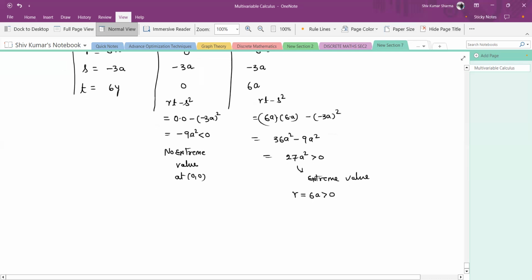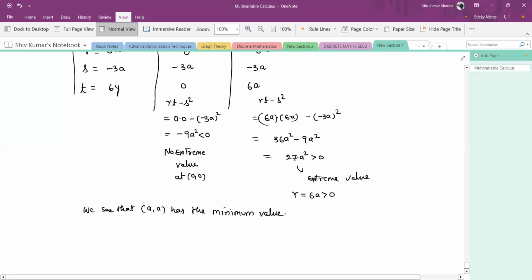So we see that the point (a, a) has the minimum value.